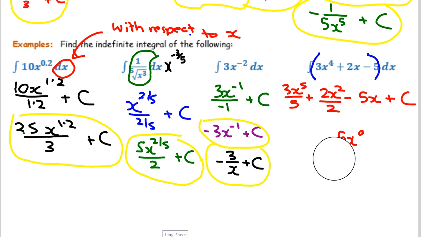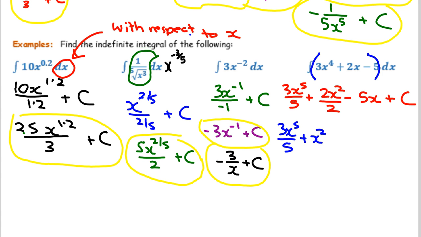Okay, have we simplified it though? Is the first term okay? Yeah. Let's rewrite that one: 3x to the 5 over 5. What about the next term? It'll be x squared, because the 2s cancel out. What about the next two terms? Same, they're alright.